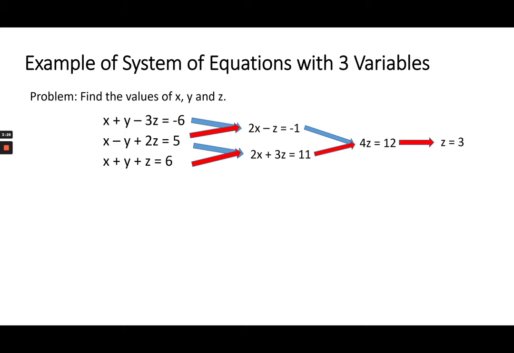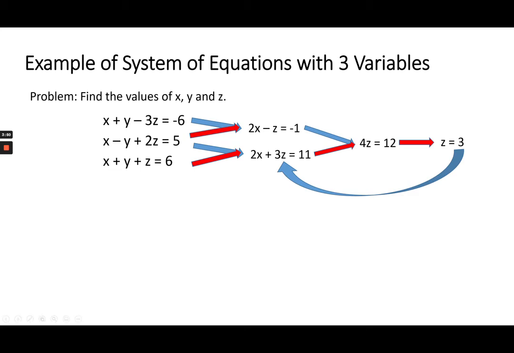What do you do next? You work backwards. From here, you choose between the two equations to substitute your z, and you will find x. I chose the second one because it's all positive, fewer negatives, fewer mistakes.